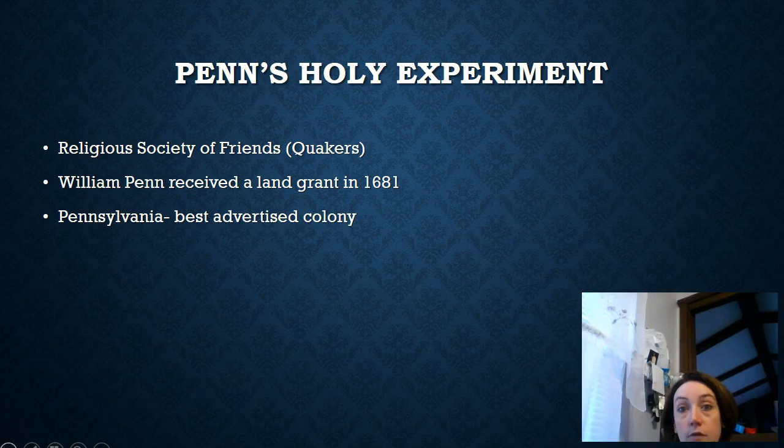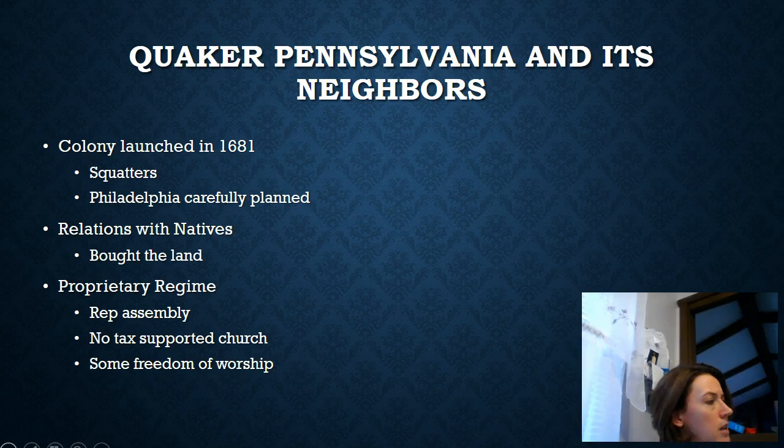It's one of the best advertised colonies, which means he actually recruited people to go over to Pennsylvania. So it's quickly settled. It's very well planned; they plan out cities, especially Philadelphia. An interesting thing is, William Penn was given this land by the monarch, by England, as a reward, but he doesn't feel that it's theirs to give.